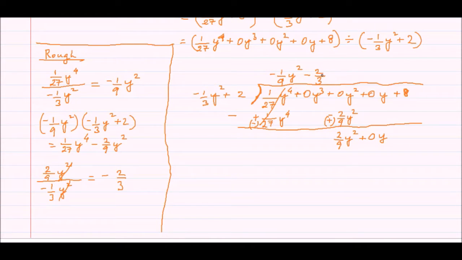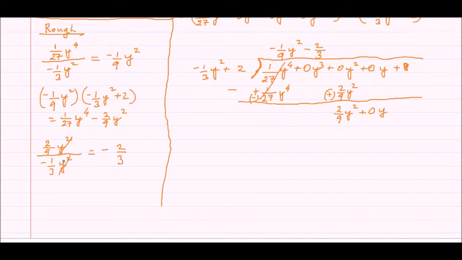Next, what do we do? We multiply this minus 2 by 3 with all the terms of the divisor. So minus 2 by 3 into minus 1 by 3 y squared plus 2 is equal to 2 by 9 y squared minus 4 by 3, right?